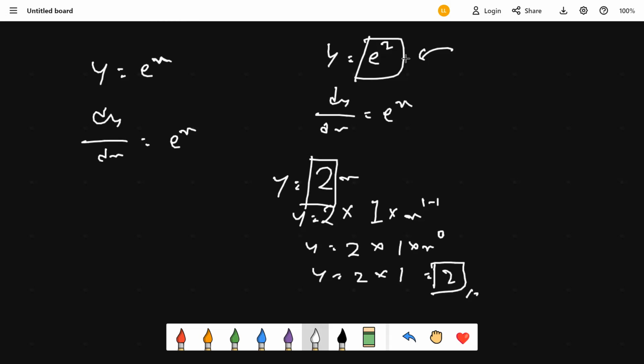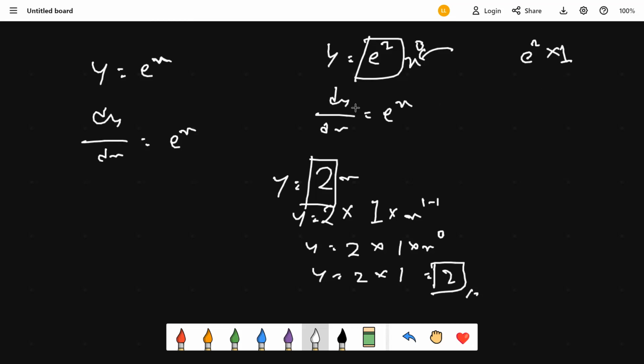Similarly, if this is a constant value, we don't do anything to it. But remember, here we have an imaginary x to the power 0. Think of e to the power 2 times 1, which is e to the power 2, and we can represent this 1 as x to the power 0.